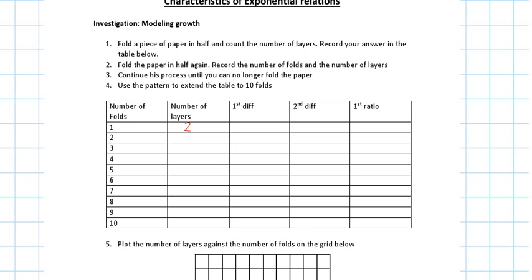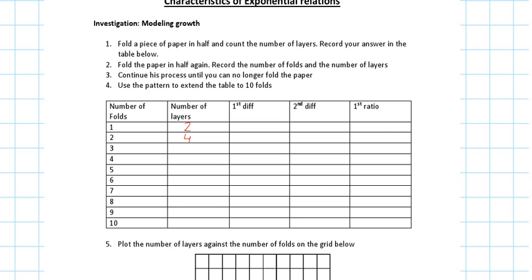How many layers do you see now? 4. You have 1, 2, 3, 4. Fold it again, how many layers do you see now? 8, right? Because you have the 1, 2, 3, 4, and then 1, 2, 3, 4.